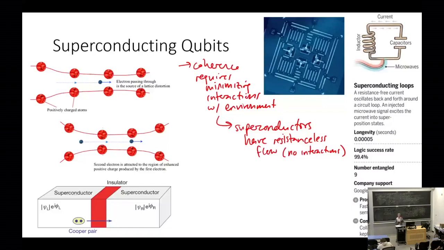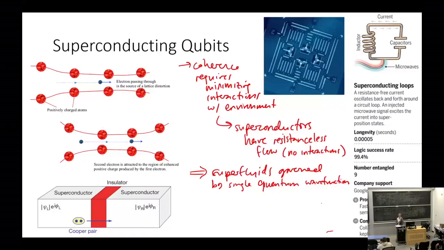The behavior of the electron superfluid is completely determined by a single quantum wave function. The amplitude of the wave function determines the number of Cooper pairs, and the value of the phase is related to the supercurrent in any magnetic field that's present in the material. The amplitude and phase of the wave function are the two conjugate variables here, so they're related by the uncertainty principle, meaning we can't measure them at the same time with arbitrary precision.